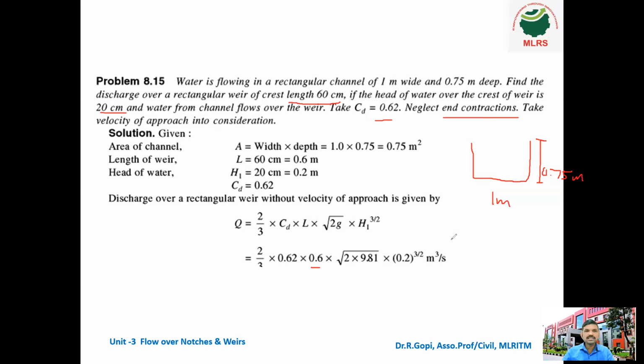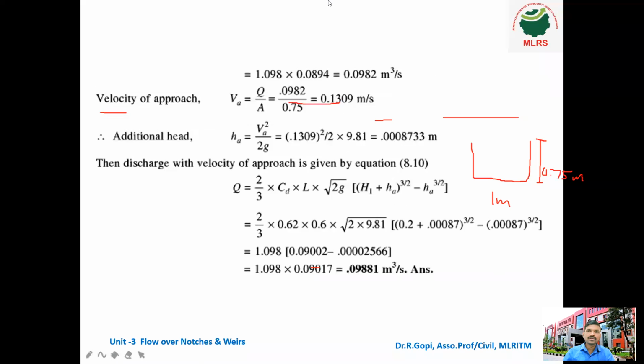So this is the discharge formula, and finally we got a discharge of 0.0982 meter cube per second.